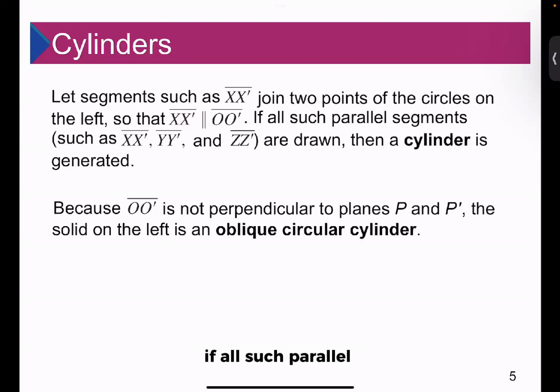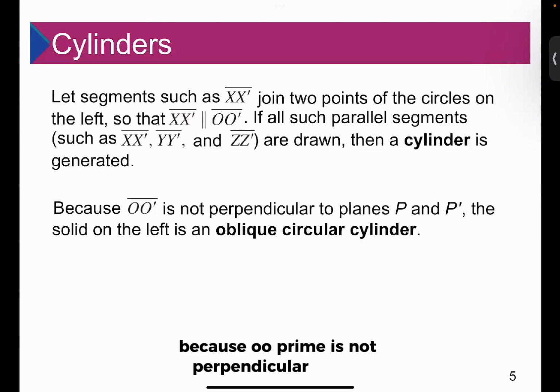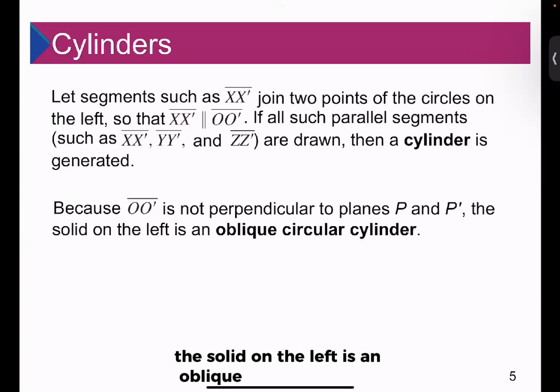If all such parallel segments, XX prime, YY prime, and ZZ prime, are drawn, then a cylinder is generated. Because OO prime is not perpendicular to the planes P and P prime, the solid on the left is an oblique circular cylinder.